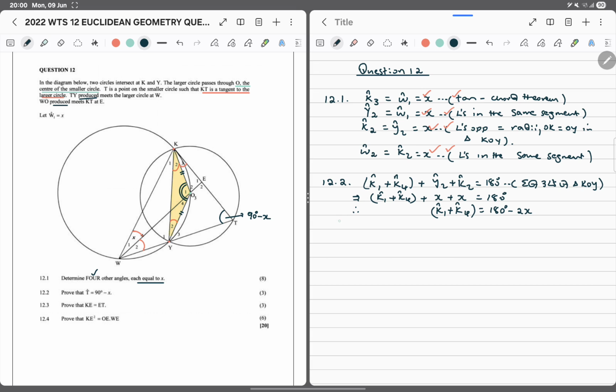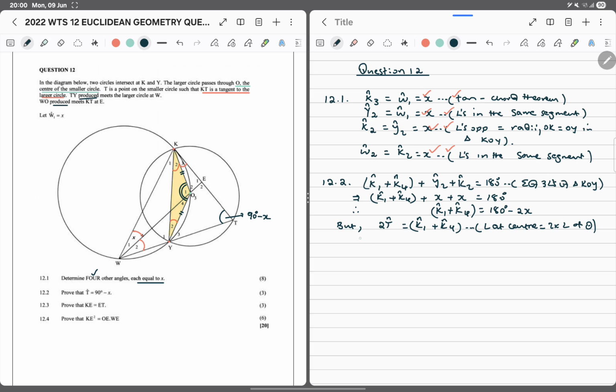Great. We will say, but we know that 2 times angle T should give us angle K1 plus angle K4. Why do we know that? We know that angle at center equals 2 times angle at circumference.